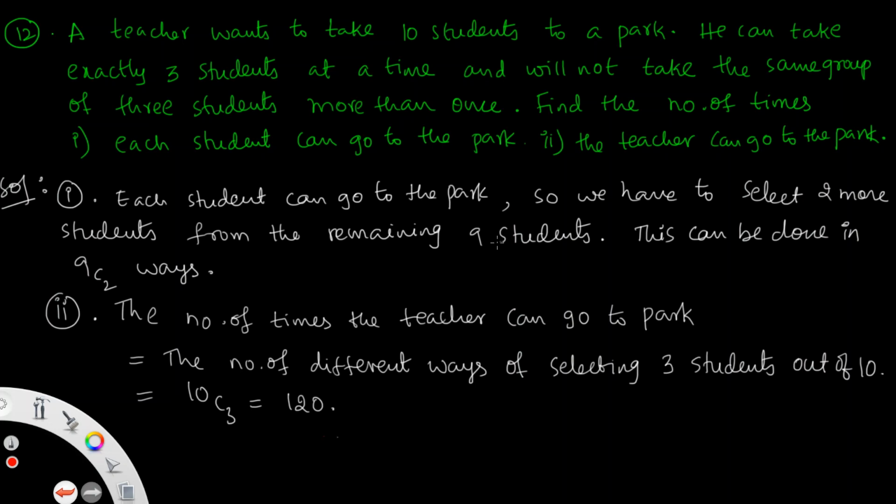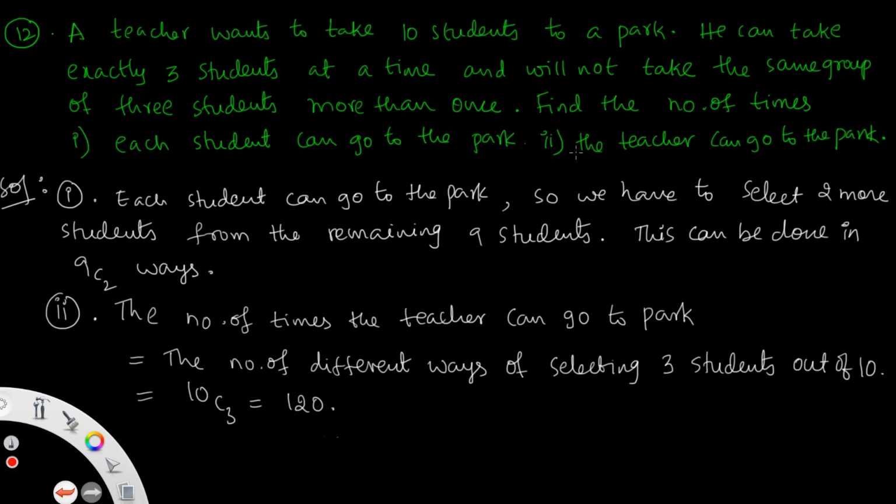So out of the remaining 9 students, you have to select a group of 3 people. Otherwise the term will be repeated; the question says the teacher will not take the same group of 3 students more than once. So keep that person fixed.